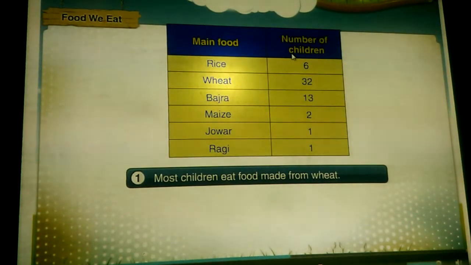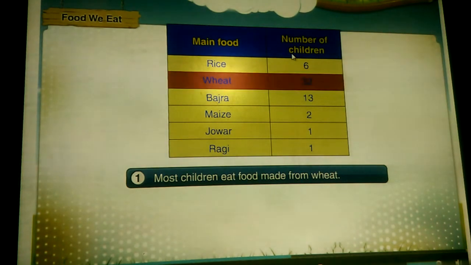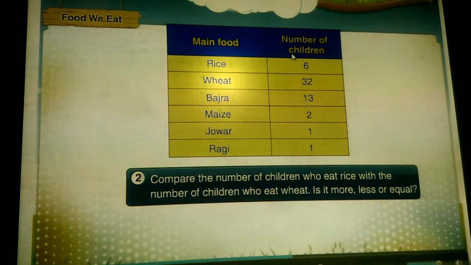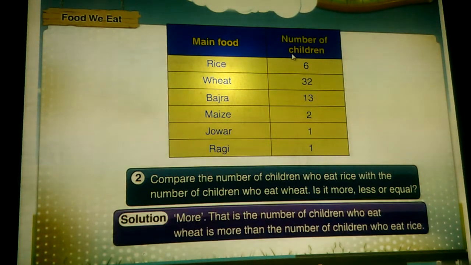1. Most children eat food made from wheat. 2. Compare the number of children who eat rice with the number of children who eat wheat. Is it more, less, or equal? Solution. More.